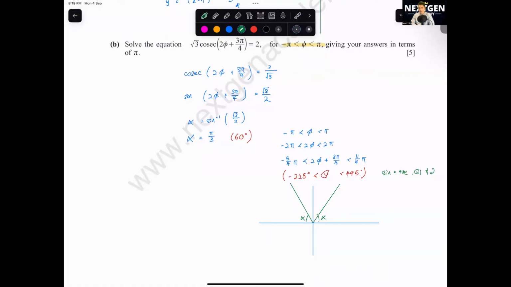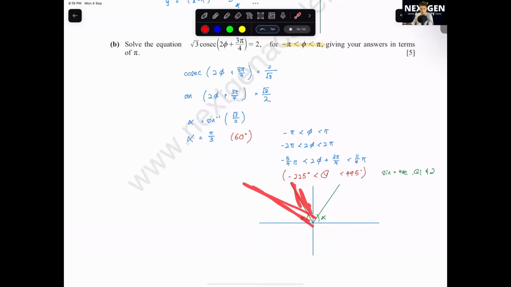But how do I find the values? You have to think: if I go into my negative region, minus 225, will it actually reach the negative? Take minus 225 plus 180, it's actually only until 45 degrees in the negative part. So you see, it hasn't even reached this part yet.